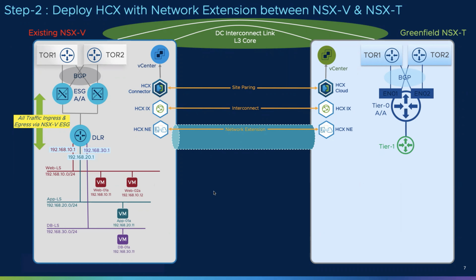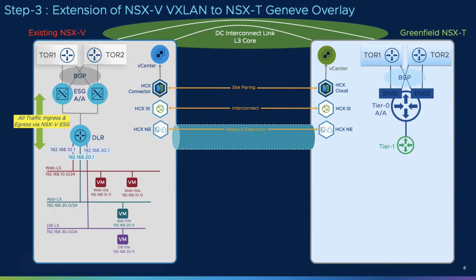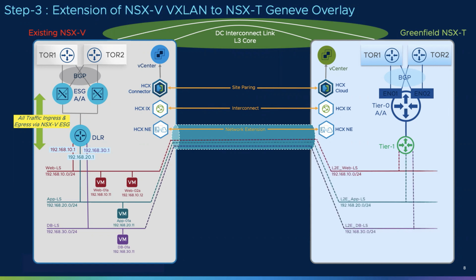Once we have deployed our HCX in step number 2, the next step is step number 3. In this step, we are going to extend the layer 2 network from NSX V to NSX T. This step will be automated using HCX network extension, and all the networks which we want to extend from NSX V to NSX T will be extended here.